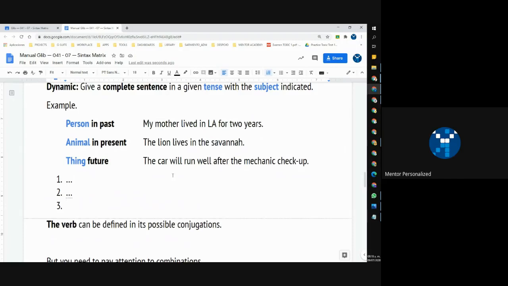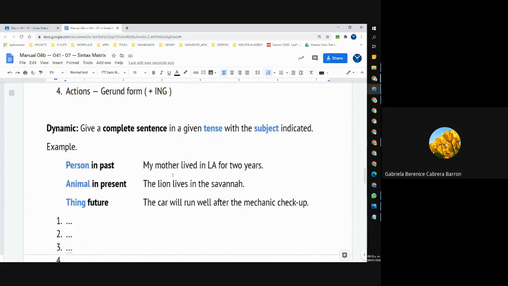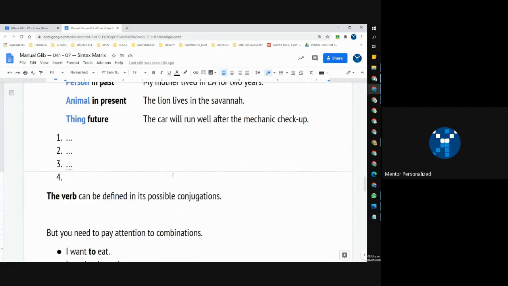Very good. Place, future. The park will need more trees. Excellent.